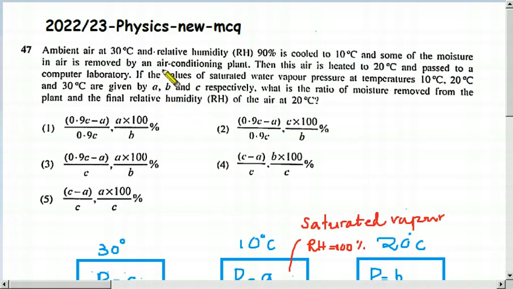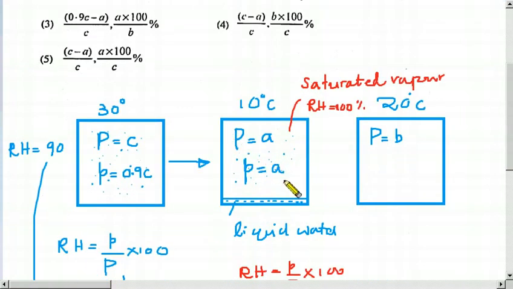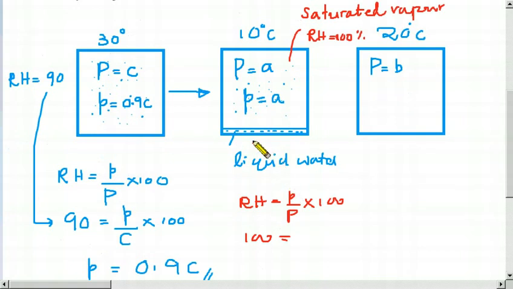So you should know how to do that. If you don't know how an air conditioning machine is working, you will not be able to solve this problem, I think, because you don't get the idea that the vapor should first condense like this in the room or in the machine. I don't know how to solve this problem without having that knowledge.